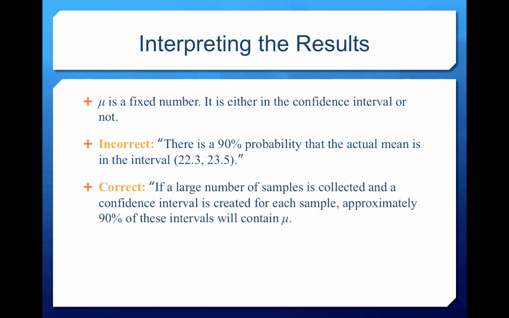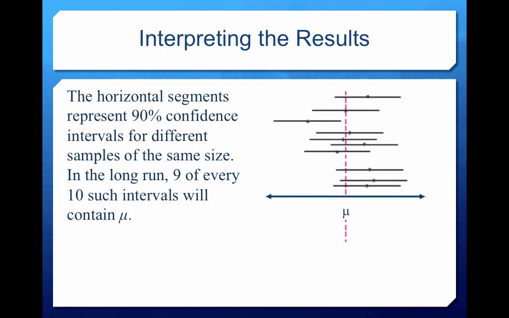The correct interpretation is that if a large number of samples is collected and a confidence interval is created for each sample, approximately 90% of these intervals will contain the population mean. Okay, so again, if we keep sampling large samples and a confidence interval is created for each of those samples, then approximately 90% of the intervals will contain the population mean.